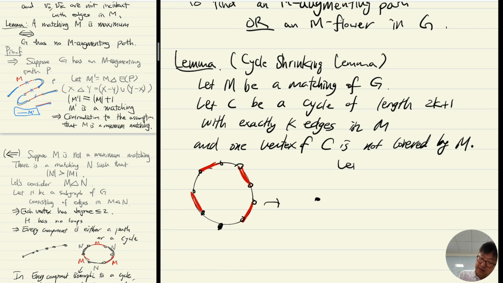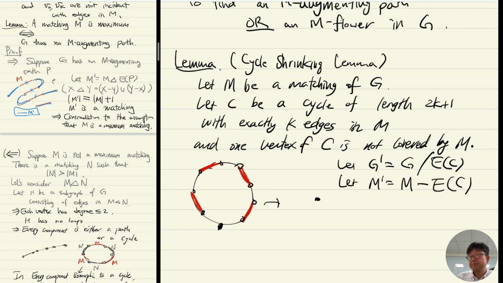So let G prime be G contract edges of the cycle. So they become a single vertex. Let M prime be the M minus edges of the cycle.